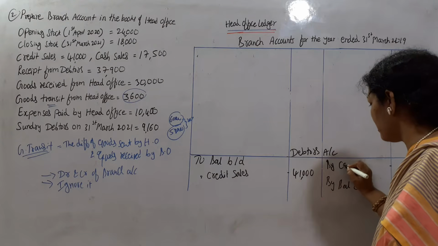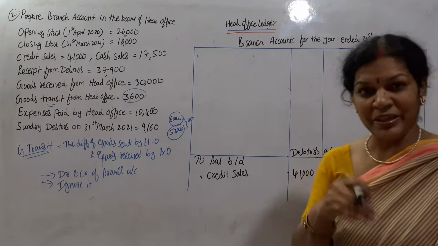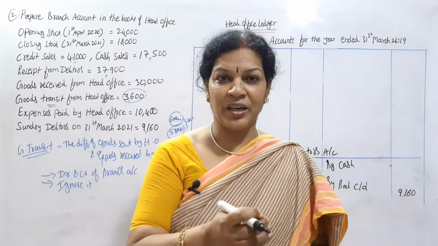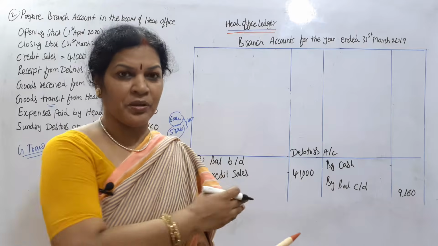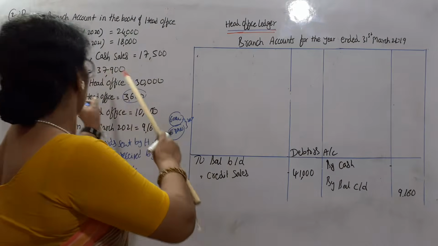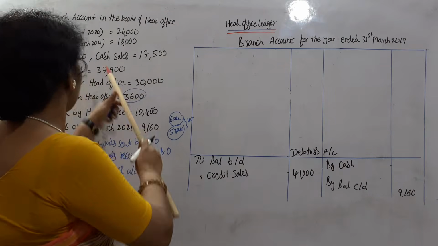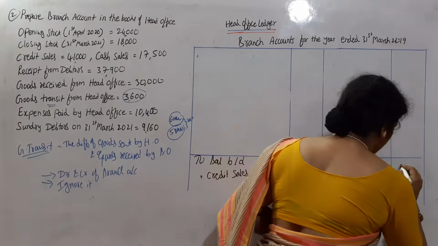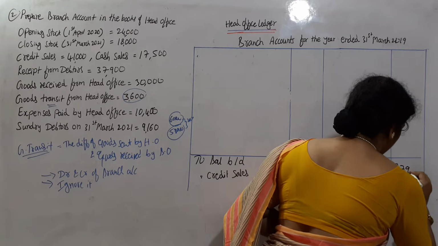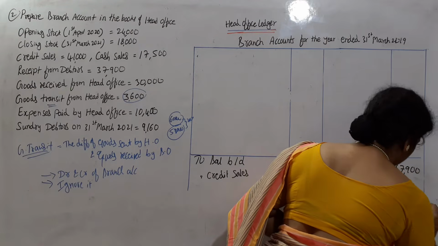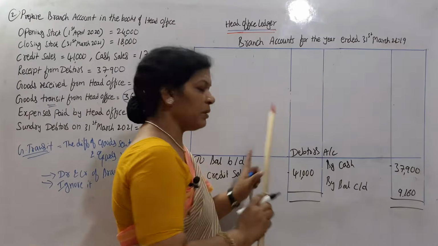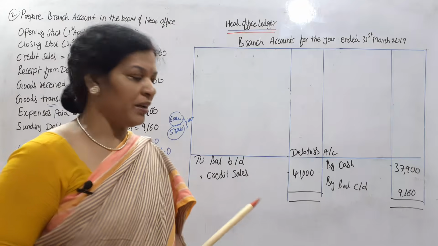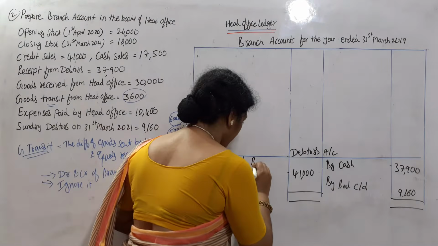Cash account debit to debtors account, so debtors account is credited. How much have we received from debtors? 37,900. So the difference will be the opening balance. This is the balancing figure.